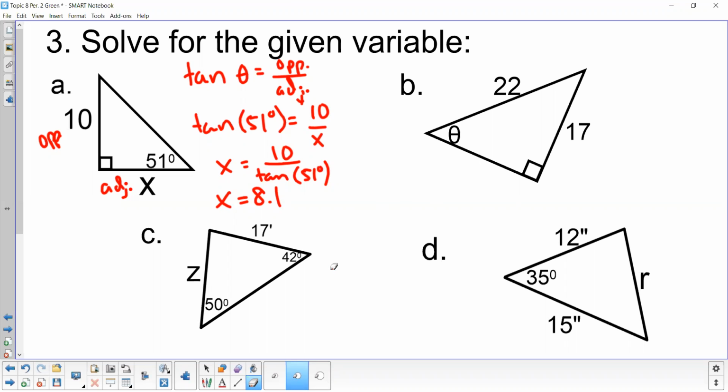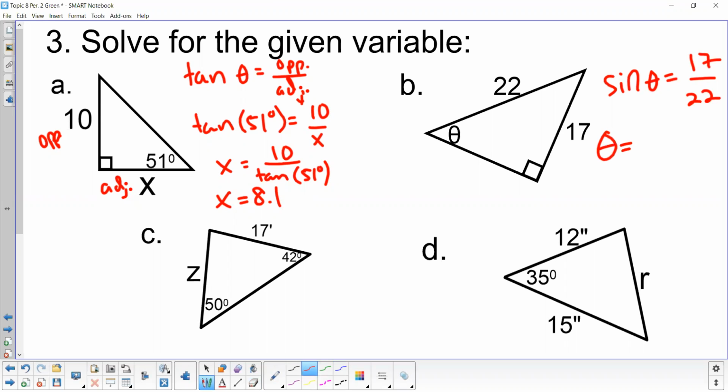Okay, so like I had set up, for B, I can start with sine of theta equals 17 over 22. I'm using sine because 17 is the opposite and 22 is the hypotenuse. And sine is opposite over hypotenuse. So theta is the inverse sine, 17 over 22.